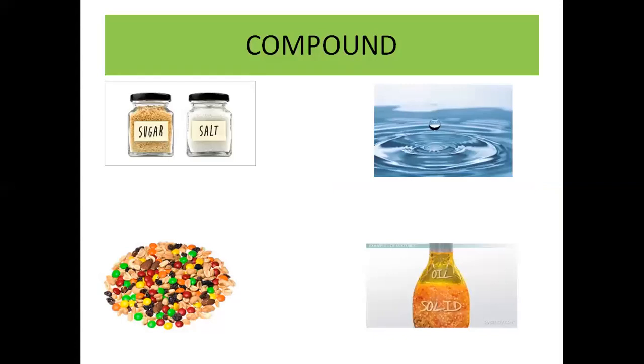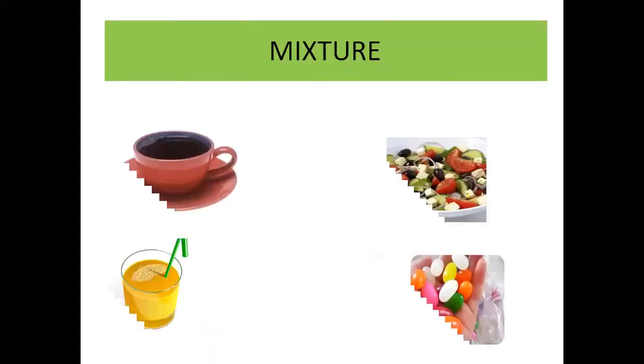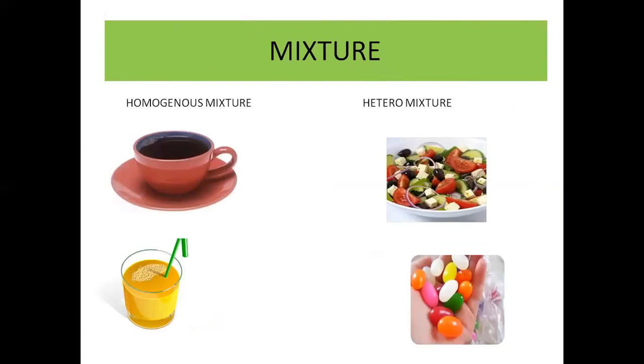What you observe in this picture: sugar, salt is a compound, water is a compound, and the last two are examples of mixture. Salad and beans are examples of heterogeneous mixture, and tea and juice are examples of homogeneous mixture. And sugar in the water is also a homogeneous mixture, because in the homogeneous we observe only one phase.